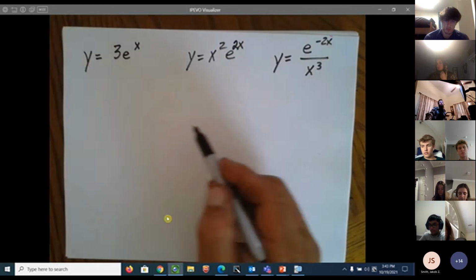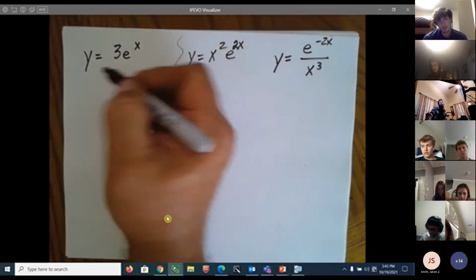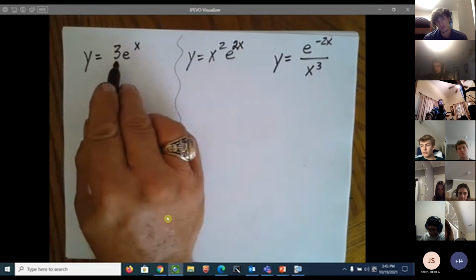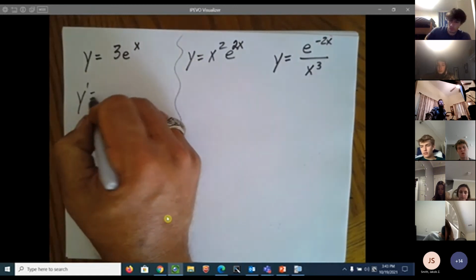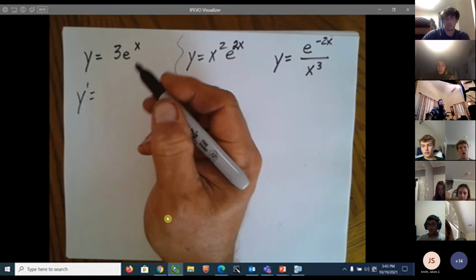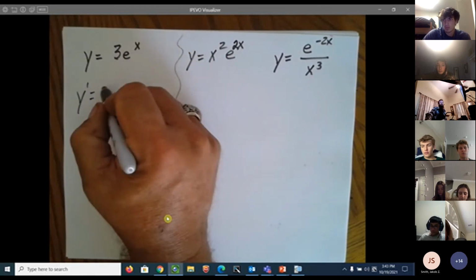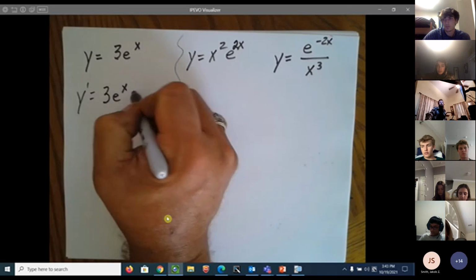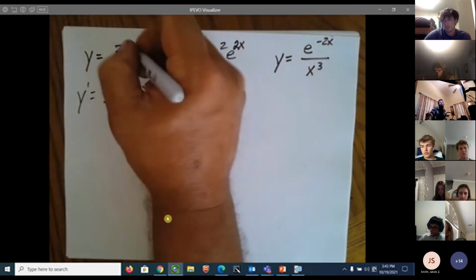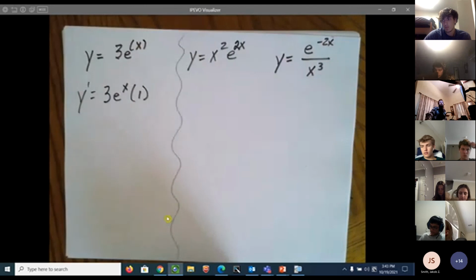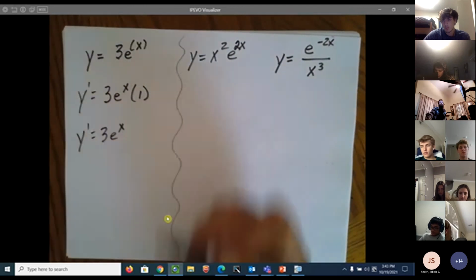So I'm going to do the first one for you, with you. So this one is not the chain rule. So y prime, you could do it as a chain rule, but I meant the product rule, but it doesn't matter. 3e to the x times 1, because this is in parentheses, and that'll be y prime is equal to 3e to the x.